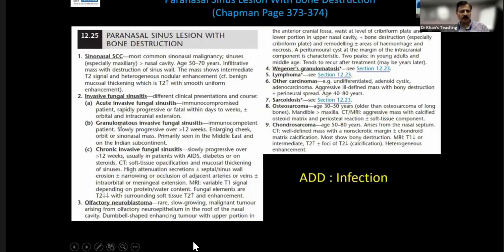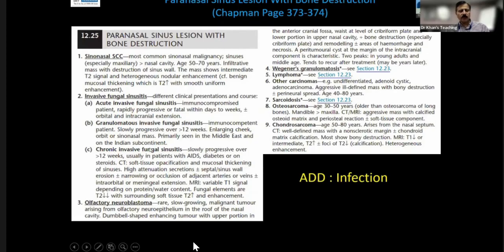Then there is granulomatous invasive fungal sinusitis, quite common in the Middle East and Indian subcontinent, slowly progressive over more than 12 weeks. And then there is chronic invasive fungal sinusitis, which is slowly progressive, usually with AIDS, diabetes, or steroids.